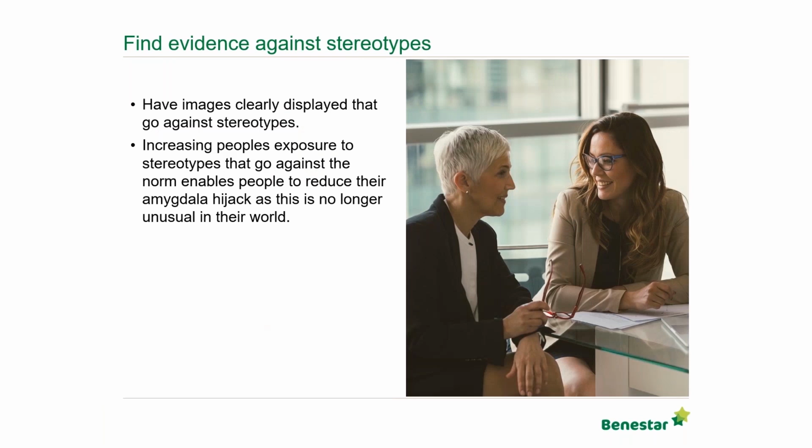Finding evidence against stereotypes. So having images clearly displayed around the workplace that display diversity and go against stereotypes. Increasing people's exposure to stereotypes that go against the norm enables people to reduce their amygdala hijack, as it's no longer an unusual stimulus to them.